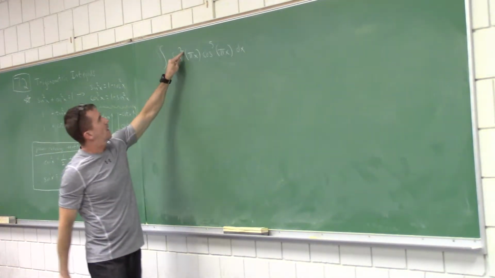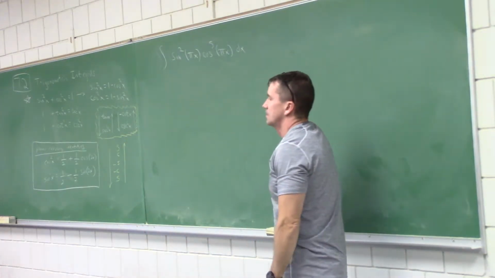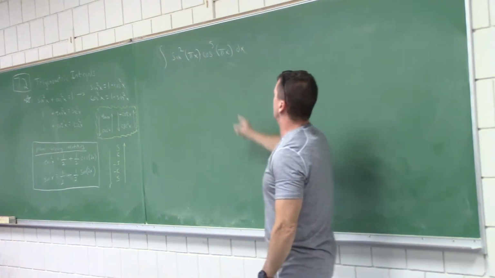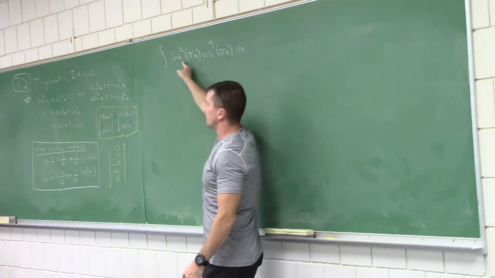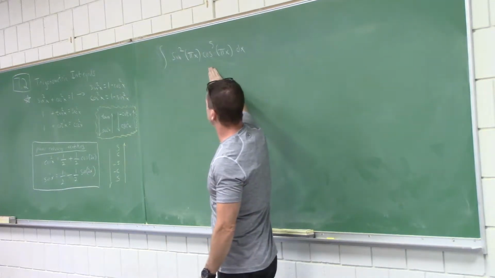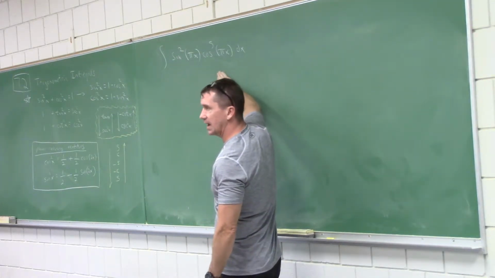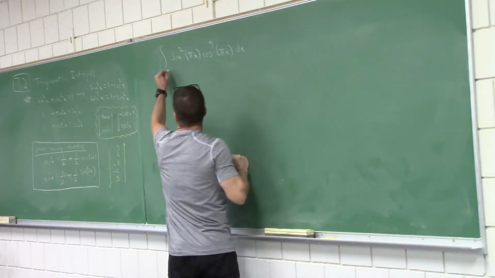I do notice one of the powers is even, one of them's odd. So in this case, we're kind of forced to break up this one to get the lonely trig function. Do you agree? We're going to leave that one as is. But I'm going to write this one right here as a cosine to the 4th pi x and then a cosine of x. Cool. All right.